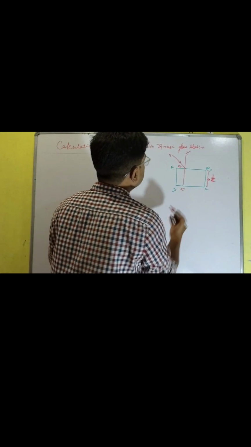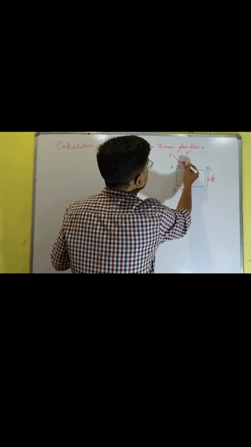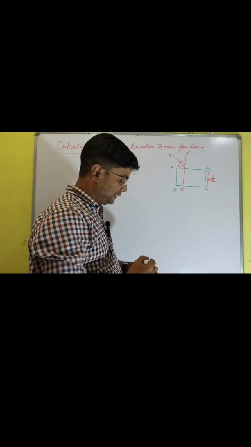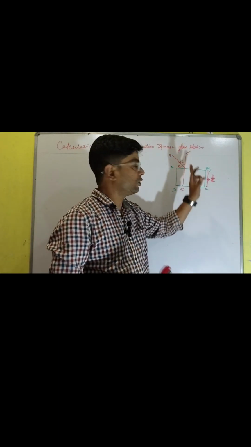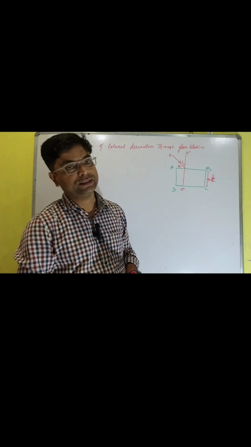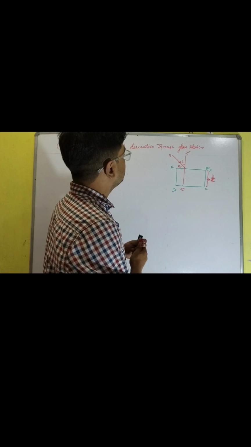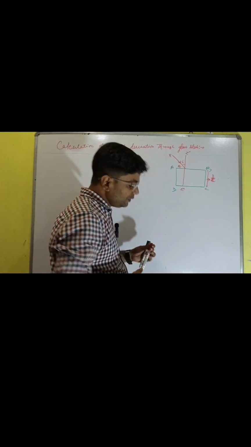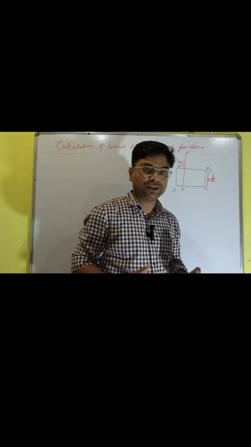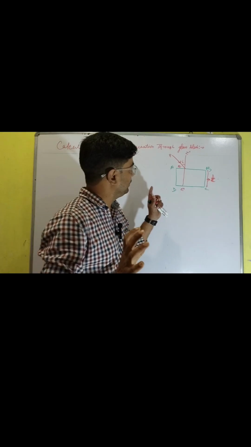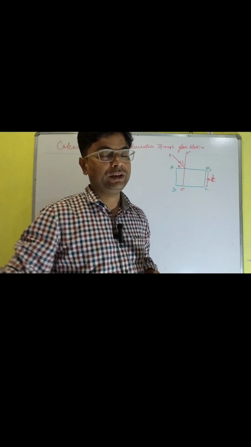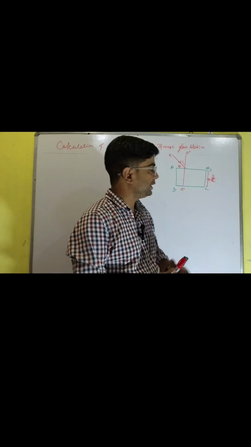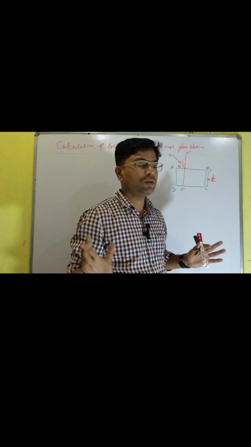Now the angle of incidence is i. What is the angle of incidence? The angle created by the incident ray with the normal is called the angle of incidence. We all know that. According to refraction, when light enters from a rarer medium into a denser medium, the refracted ray comes closer to the normal.